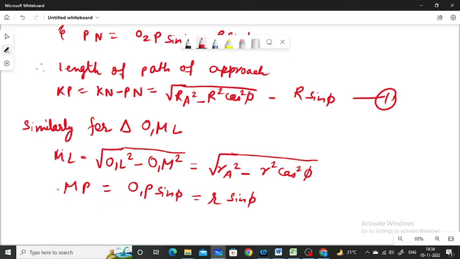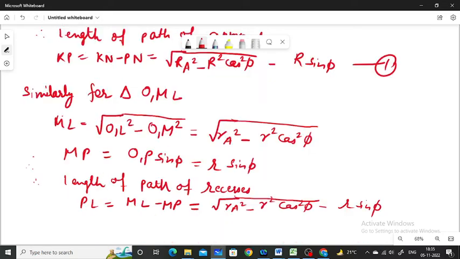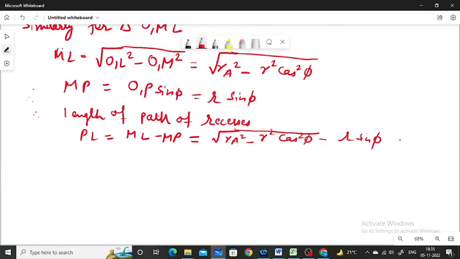So the length of the path of recess, that is PL equal to ML minus MP, equals under root of ra square minus r square cos square phi, minus r sin phi. That is equation number 2.